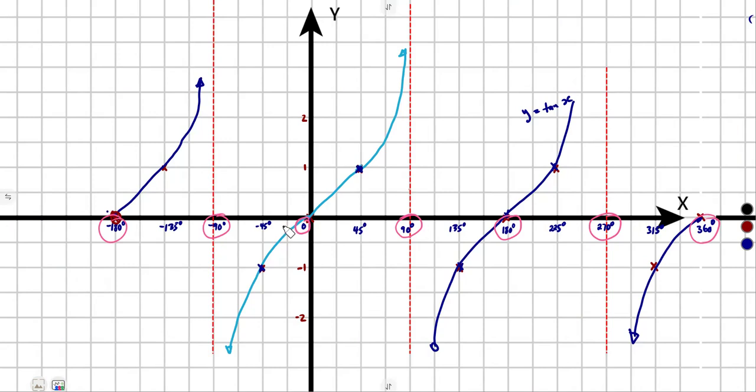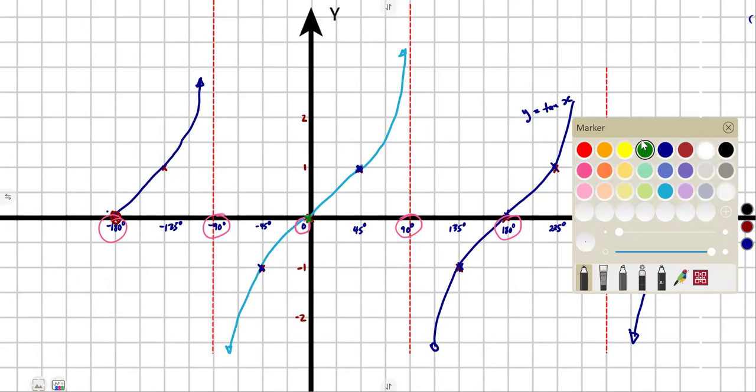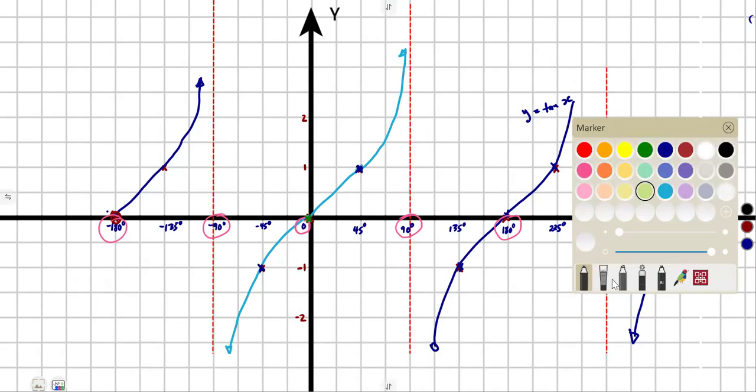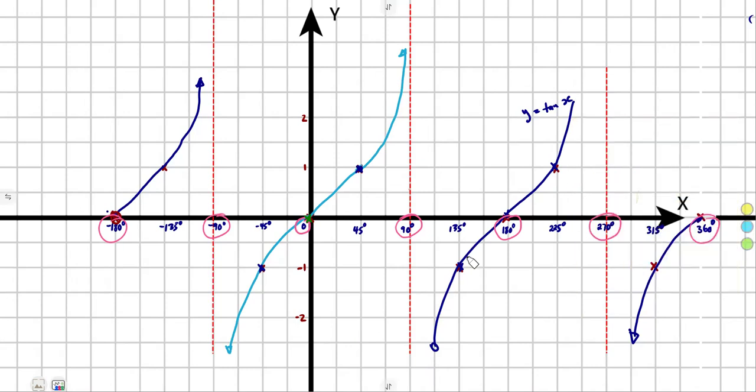The first point is 0. I was supposed to draw another graph separately so that it does not confuse you guys. But anyway, let me change this one so that you can see. Let me do it like this.